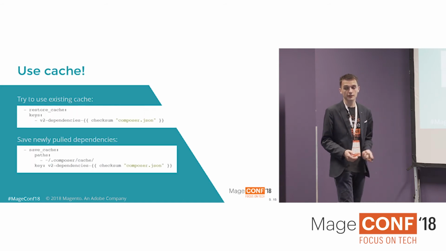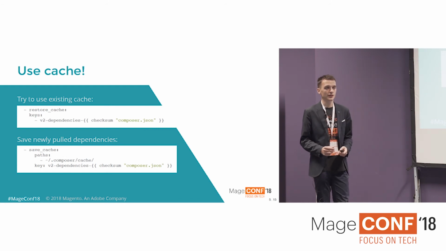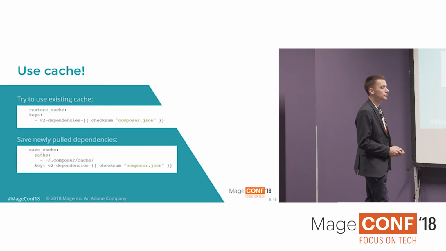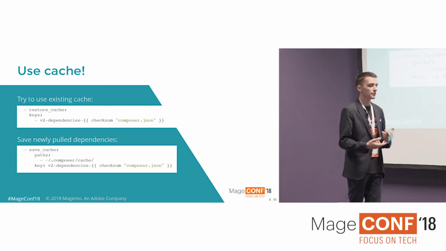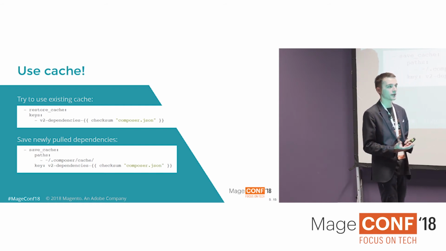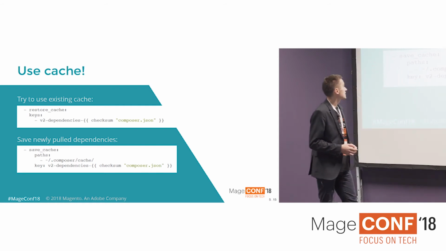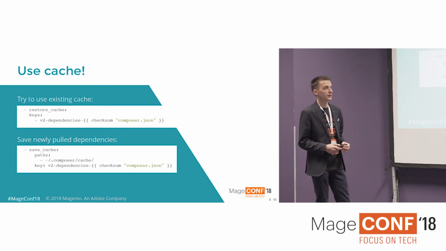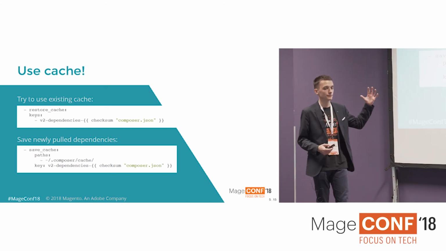Second thing for these annotations is that you can use cache. So you don't have to build the dependencies each time you run your pipeline. You can just restore the cache if it exists, and you check the cache by some preconditions.